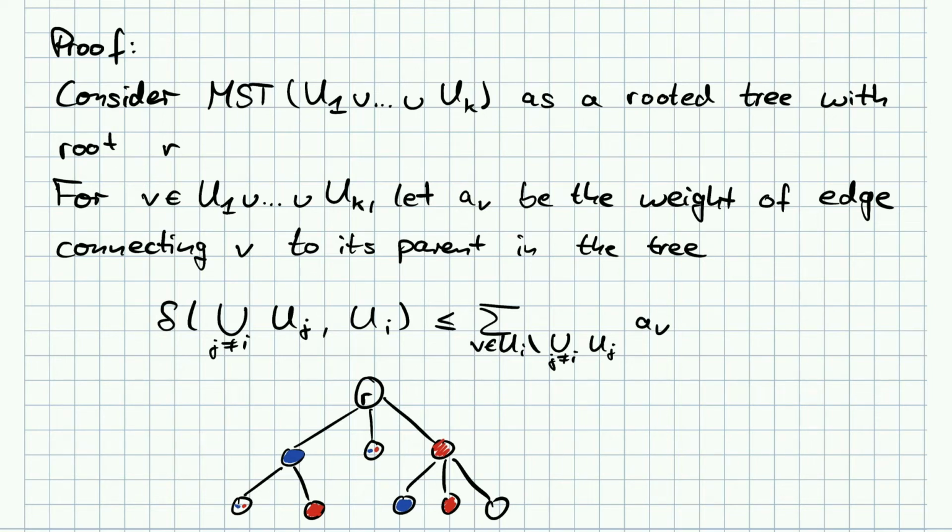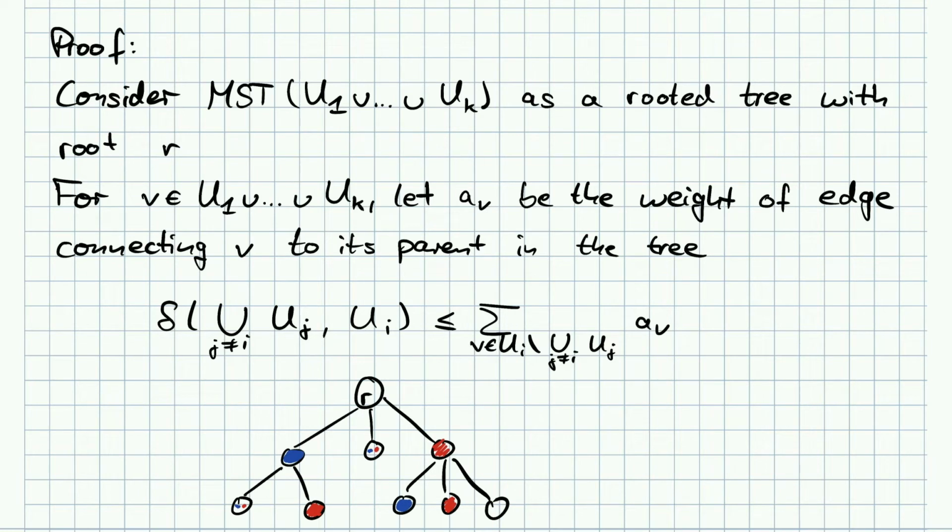Now, how do we make sure that all blue vertices get connected to the red vertices? Well, we just go up the tree. Either we have something like we have it here, where there's nothing that we have to connect anymore, because this is both a red and a blue vertex.